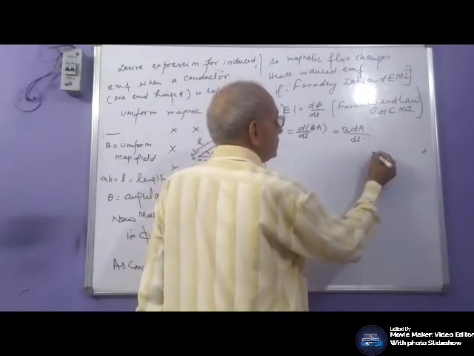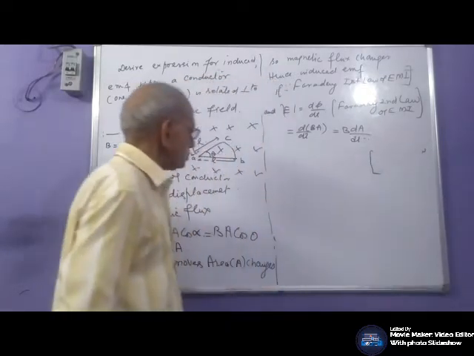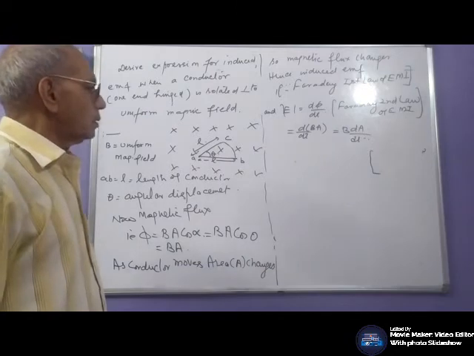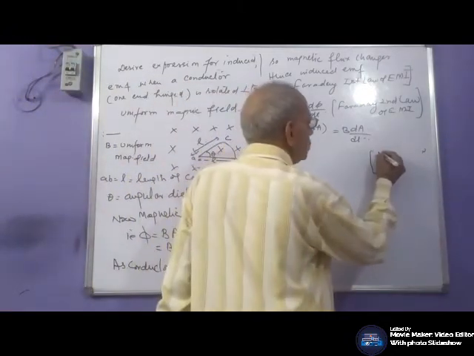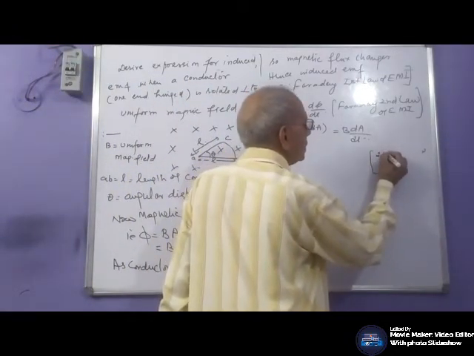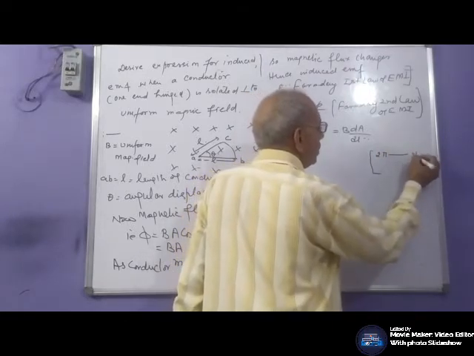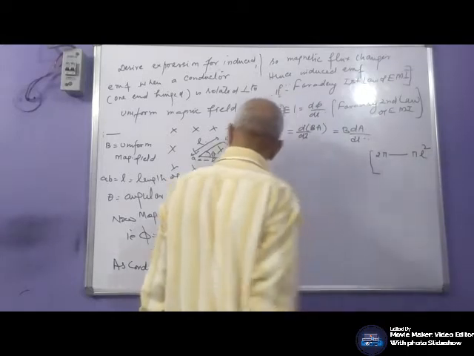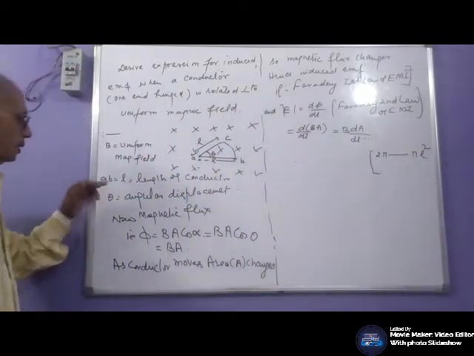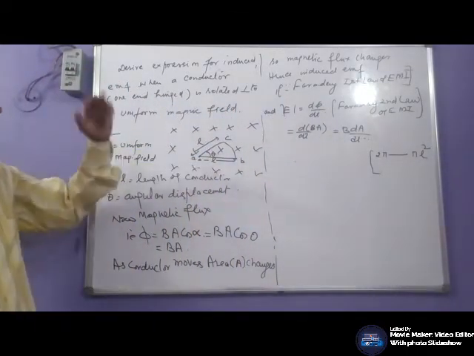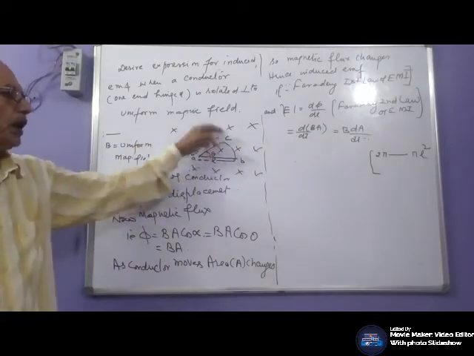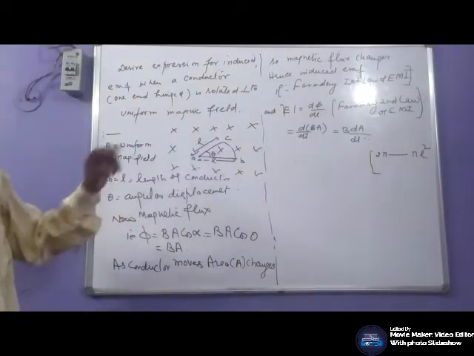Now dA: if angle is 2 pi then area is pi L square. L was length. Okay, 2 pi total angle to total area.